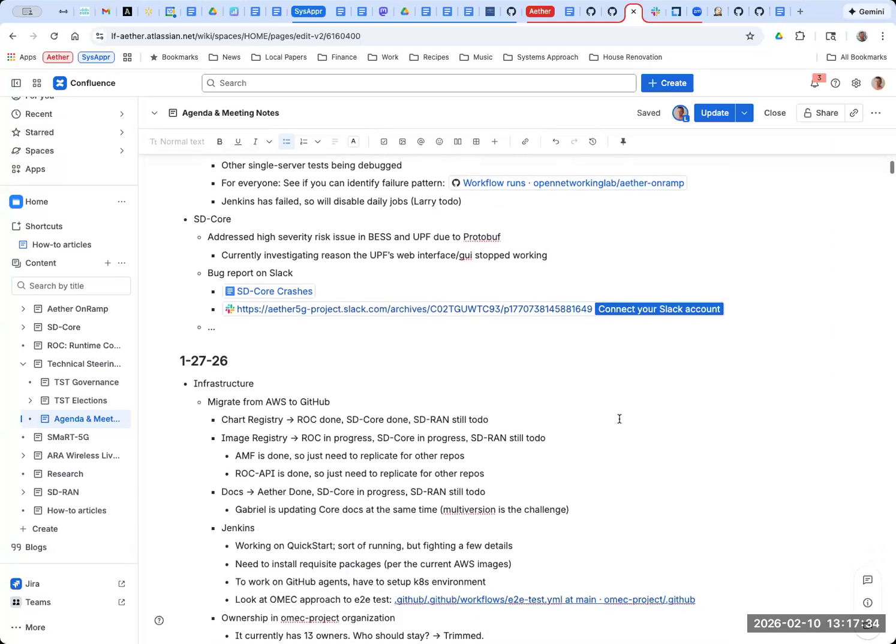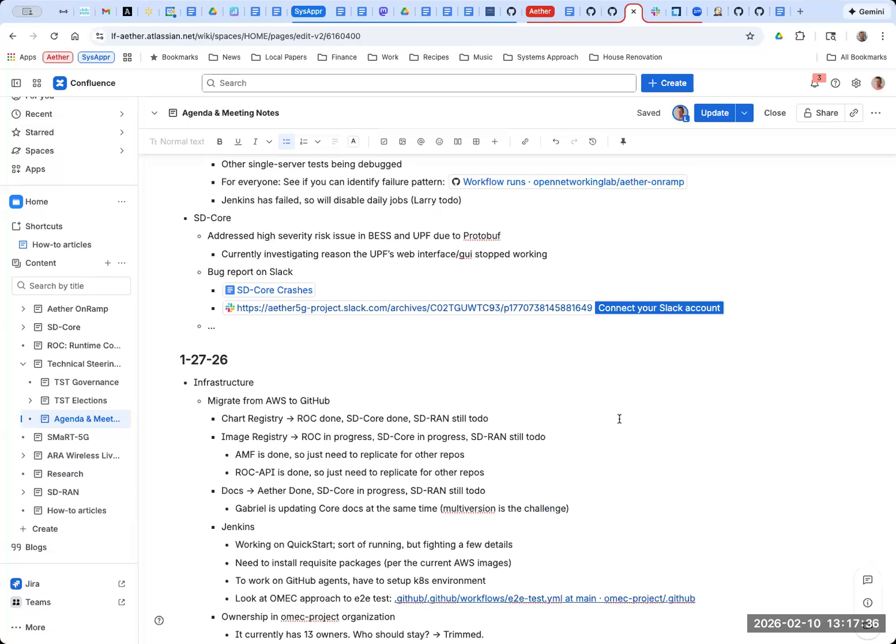Okay, SD core. One of the things that we did in the last couple of weeks is we addressed an issue. Since we have been enabling OpenSSF best practices across the SD core, the only component that had some issues was the UPF, because of something related to serialization with protobuf.